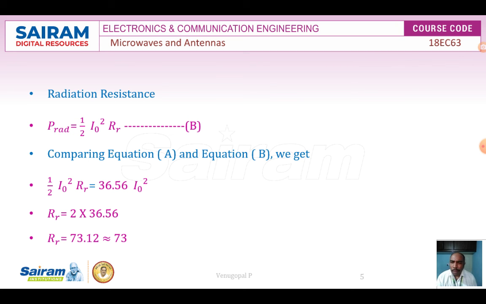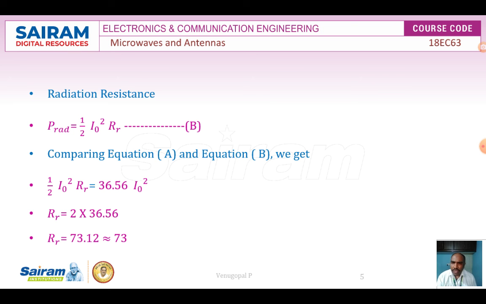In the half-wave dipole, P radiated is equal to 1 by 2 into I naught square into Rr, but in the short dipole we had P radiated is equal to I naught square into Rr. This is the major difference between P radiated in short dipole and half-wave dipole. If you know this difference, you can easily derive the expression of either short dipole or half-wave dipole very easily. Call it as equation B.